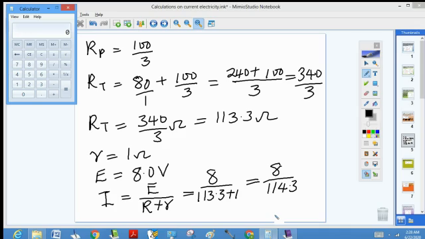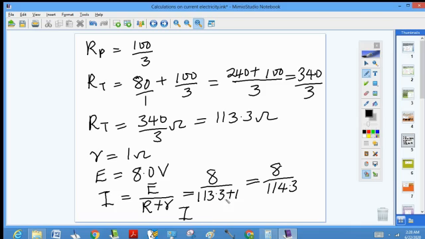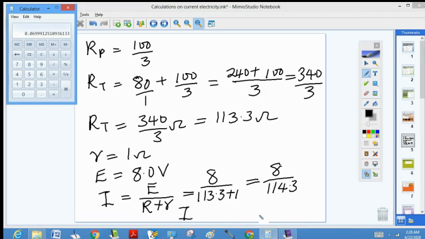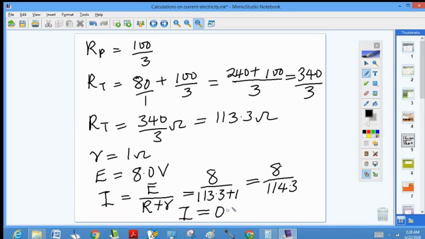We use our calculator: 8 divided by 114.3 is equal to, so we have current to be equal to 0.069, or approximately 0.07 amperes. So that is the value of the current flowing through the circuit.